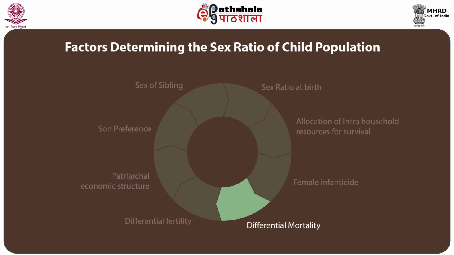There are also differentials in mortality, as we have already pointed out, primarily because of the intra allocation of household resources, or because of the health facility denied to the female children as compared to the male children. In the past, it was considered that the differentials in sex ratio were primarily due to the sex differentials in mortality, because sex ratio at birth had been rather normal.